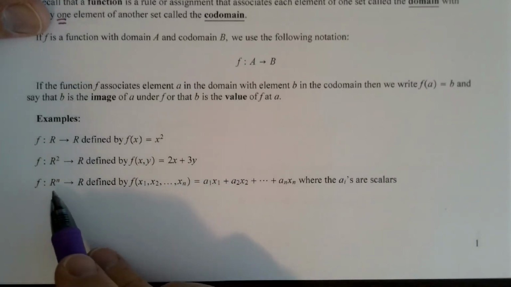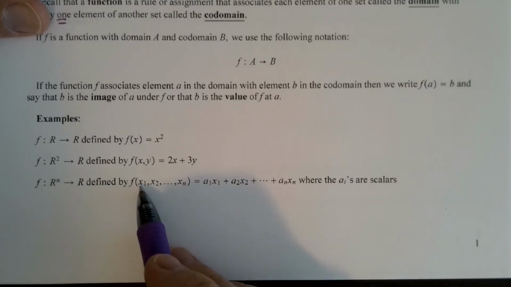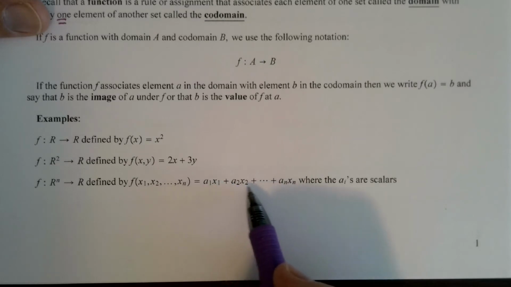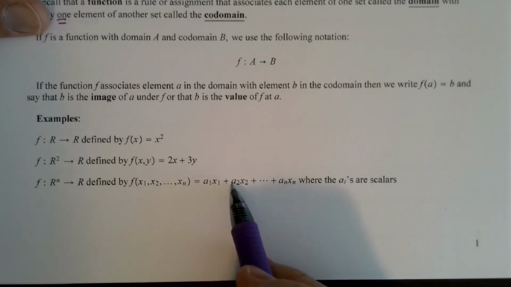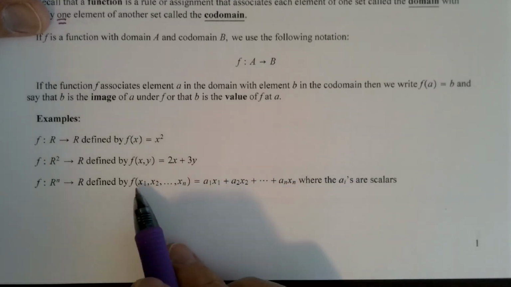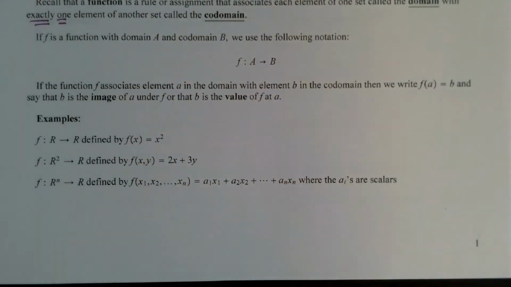And here's a function, domain is n space, codomain again is the set of real numbers, or 1 space. And here's the function's rule. It's basically just a linear combination. The a_i are some scalars, whatever they are. Then we get a linear combination, but this will be one real number. So you input an ordered n-tuple, and the output is one real value.